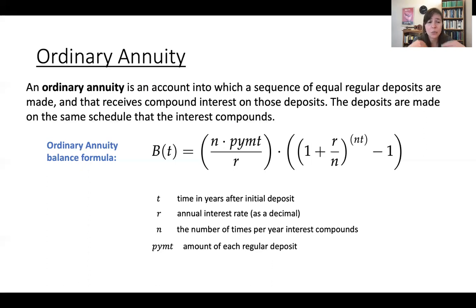This is an account that is building up money to give you a cushion to save for retirement. So PYMT is the amount of money you're putting in every time it compounds. And B of T is the balance after T years.